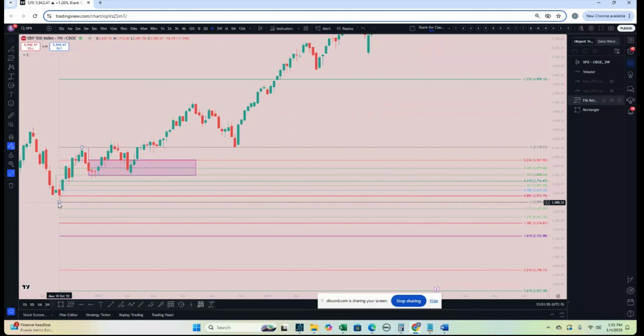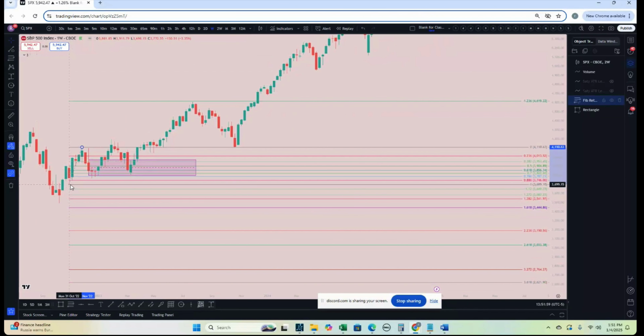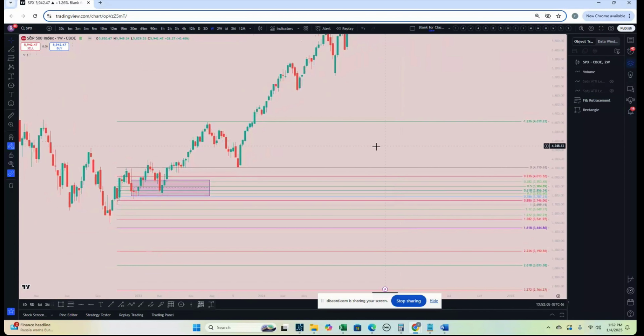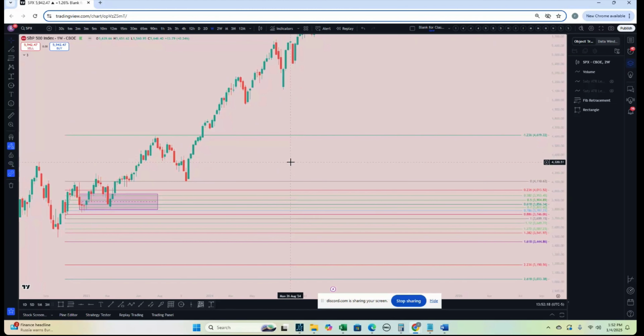But in those days, on a smaller time frame from a fractal standpoint, I'm pretty sure that we've retraced. So the thing about fibs is that you have to know what time frame you're fibbing on and understand that the higher time frame is always going to be your go-to, especially if you're swing trading, and even sometimes when you're day trading.